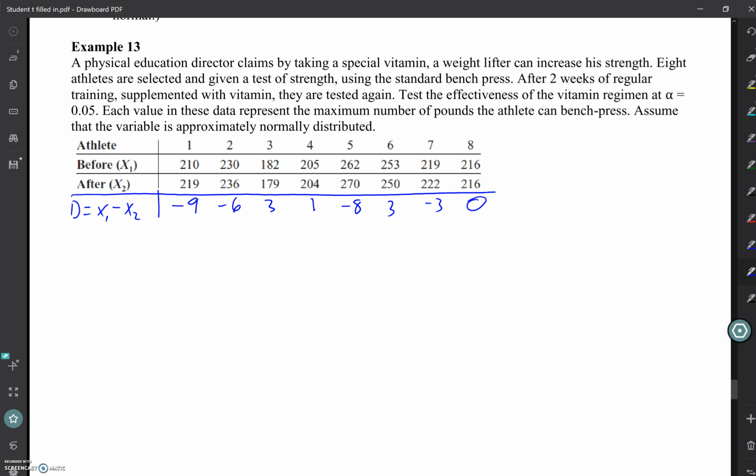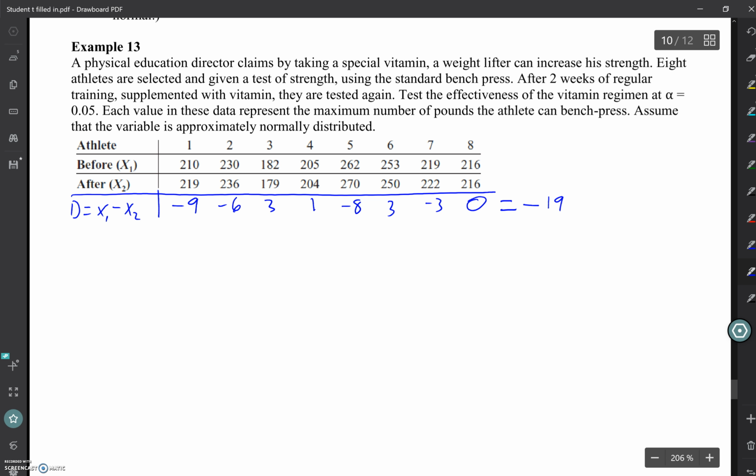So to find the mean, I need to add up all of these differences. So let's add up that row and see what we get. Negative 19.